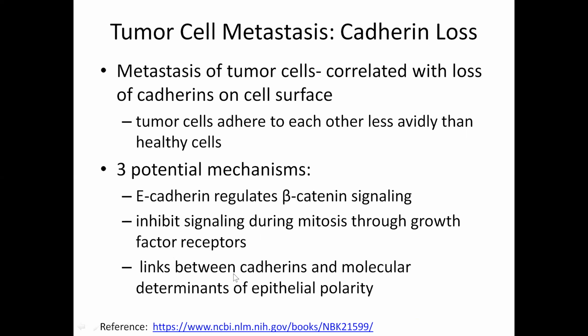The links between cadherins and molecular determinants of epithelial polarity have been found. And epithelial cells have a polarity in that they have an apical area and a basal area. And so without this polarity, they may turn into tumor cells.